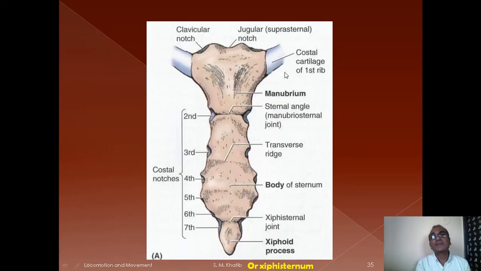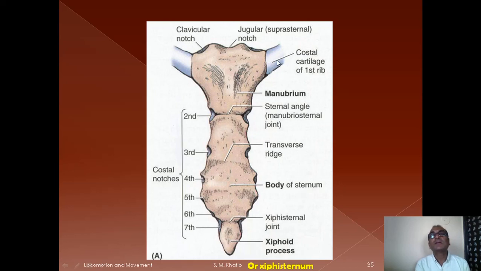Yes, here you can see the sternum given here. This is the upper part, the manubrium. This is the xiphisternum or xiphoid process, and this is the main body of the sternum. These notches are the articulation facets for the ribs. They are called the costal notches, for different ribs: the second rib, third, fourth, fifth, sixth, and seventh rib.